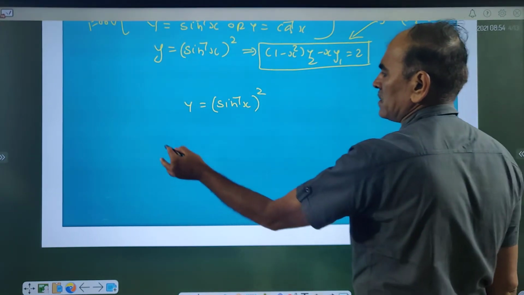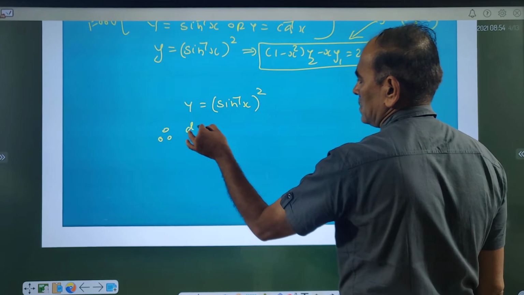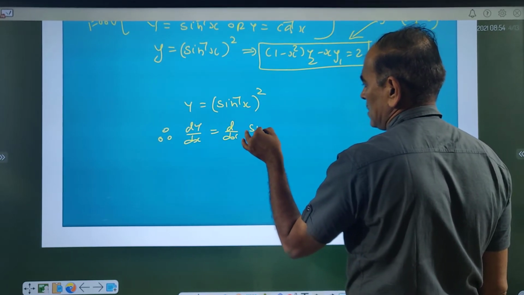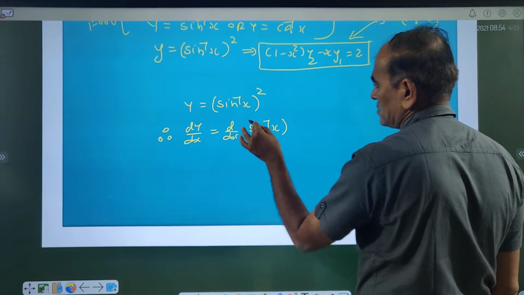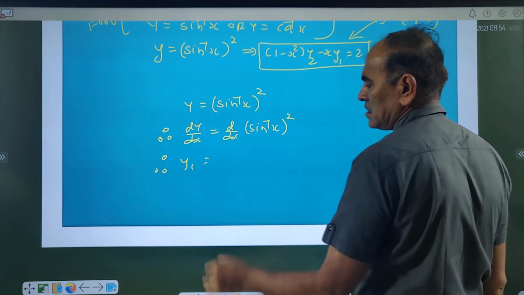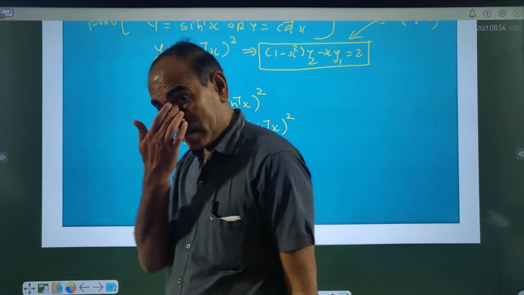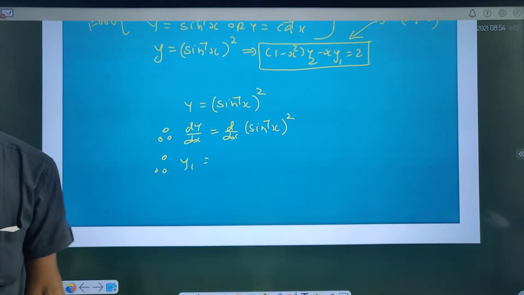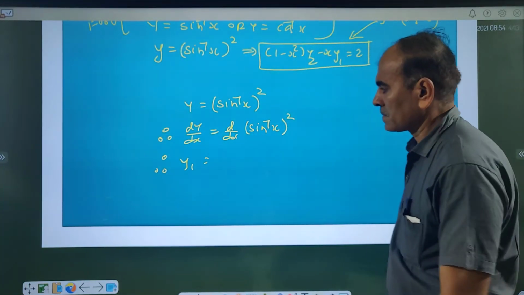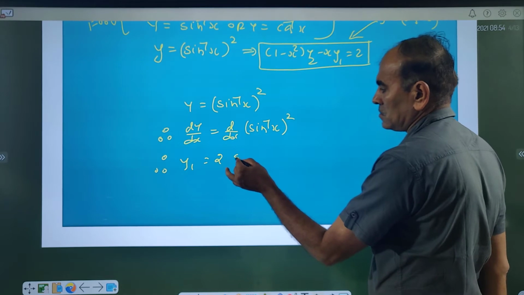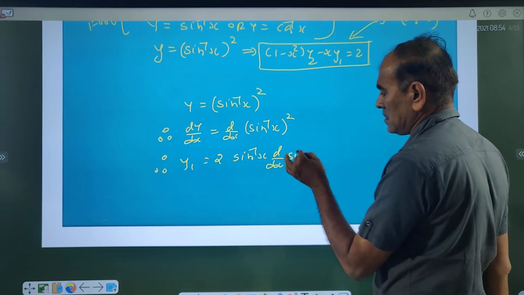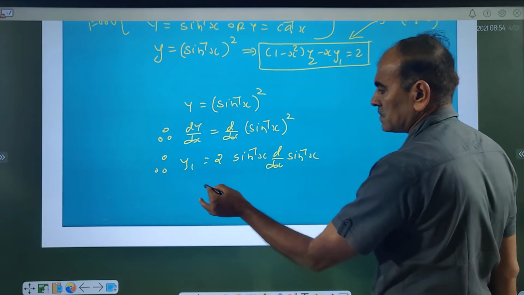Differentiate with respect to x on both sides. dy by dx is equal to d by dx of sin inverse x whole square. And this is in our routine case, that is y. What is d by dx of some function square? Sin inverse x whole square means 2 times some function times d by dx of some function.